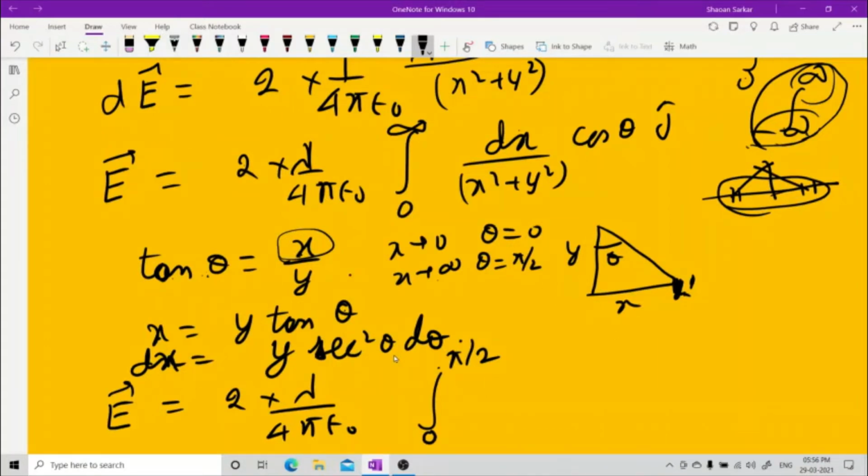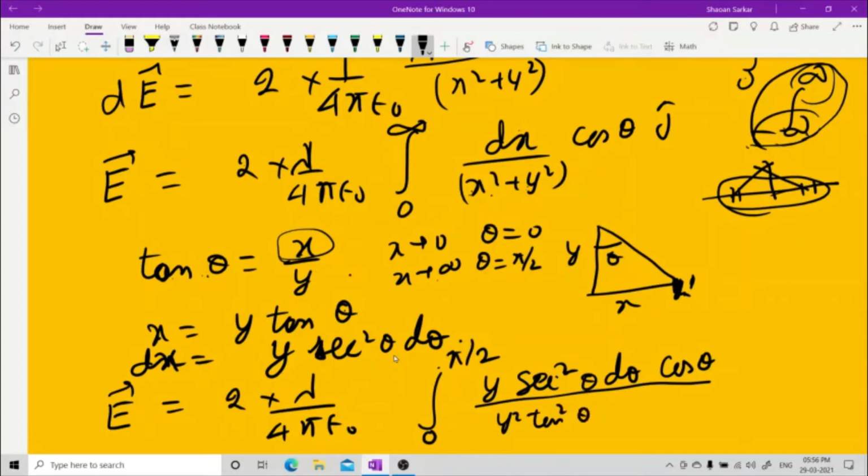Now dx is y sec square theta d theta, into cos theta here, no problem. Then you put the value of x: y square tan square theta plus y square, and j cap. Now take y square common out.